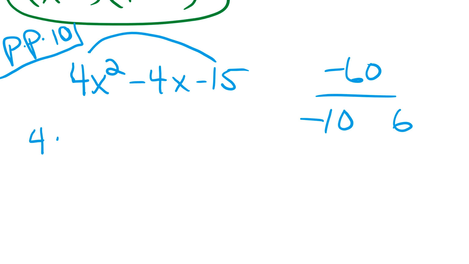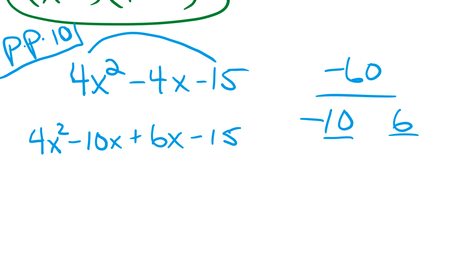How about 4x squared minus 10x. Notice we have to add the variable to the middle terms here. Even though I've got my factors with the 10 and the 6, I have to add the x's to them, so I make my middle term work. I got negative 10x plus 6x minus 15.